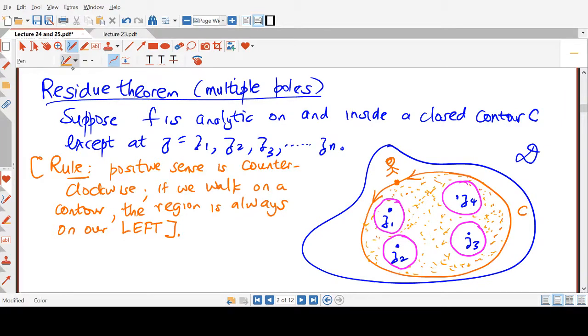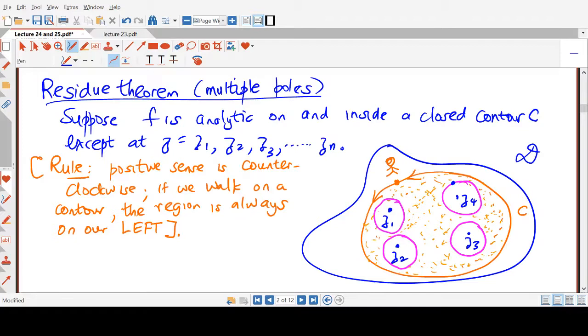So now, suppose you were standing here. Which way must you walk, because the region is on your left? If I walk this way, I'm facing this way here, walking down this way. Can you see on my left is this side here?